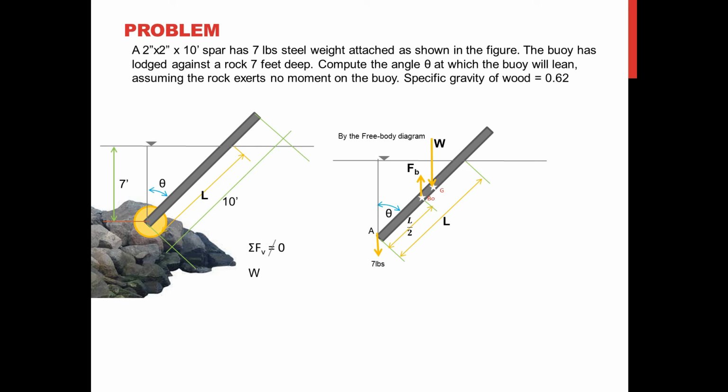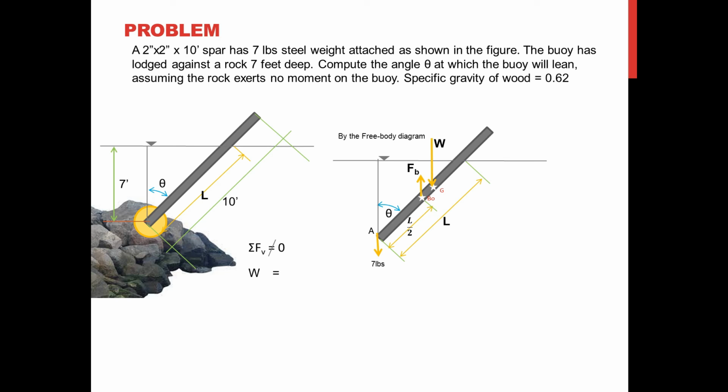So we compute for the weight and the buoyant force separately. We do not equate weight to the buoyant force because there will be 7 pounds along the vertical forces, so we cannot equate the weight to that of the buoyant force.